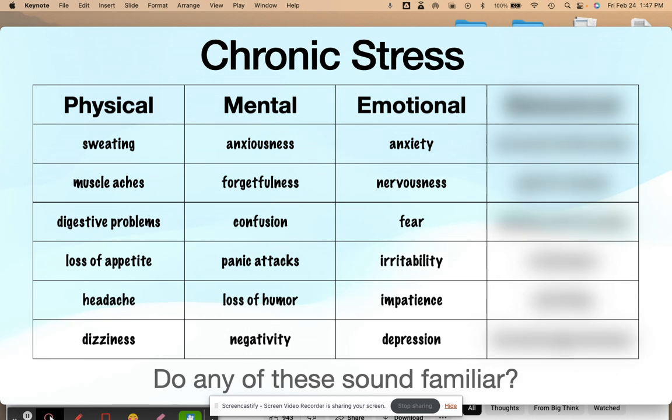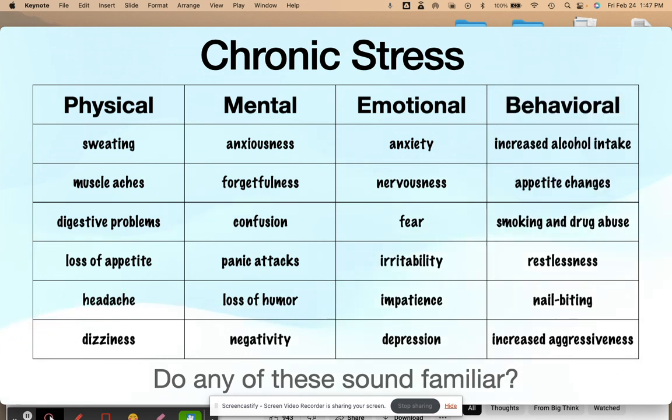And under behavioral, increased alcohol intake, appetite changes, smoking and drug abuse, restlessness, nail biting, increased aggressiveness. Any of those sound familiar? So, chronic stress brings about these symptoms being indicators that stress is present.